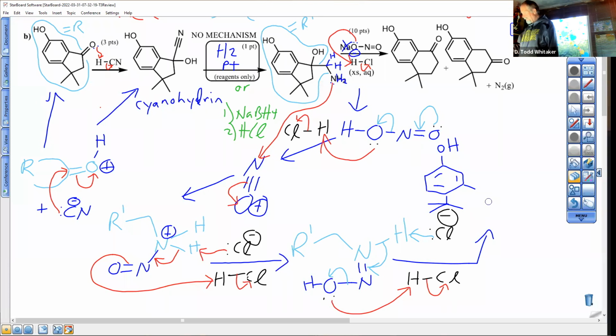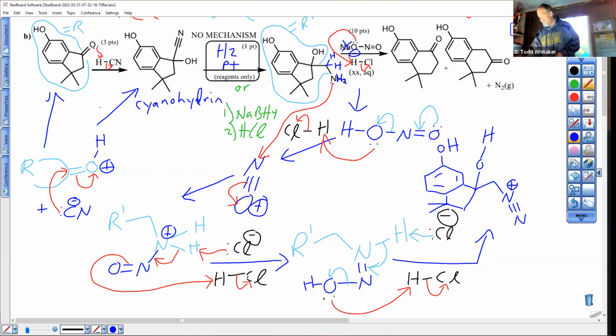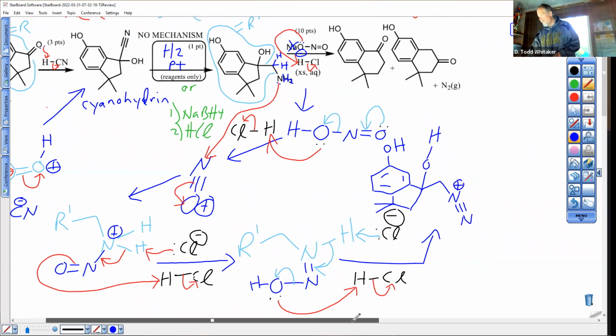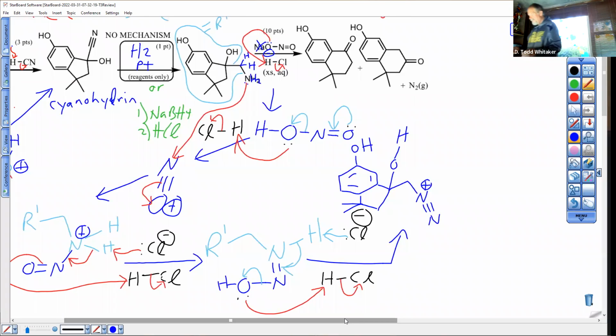Power of positive thinking. It's a ring size 5 with an OH here and a CH2 with an N triple N here. That's what it looks like. I need two of those. I won't copy paste it because you don't have that luxury on your exam.